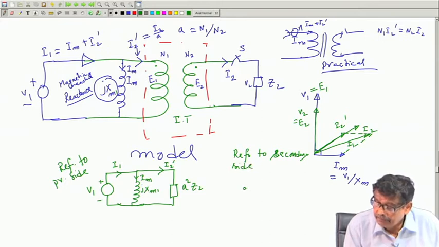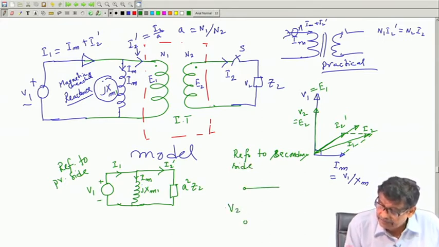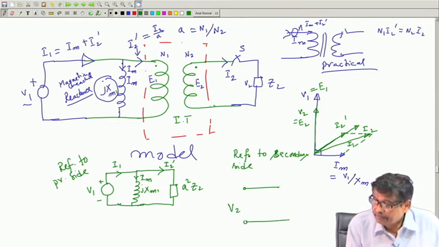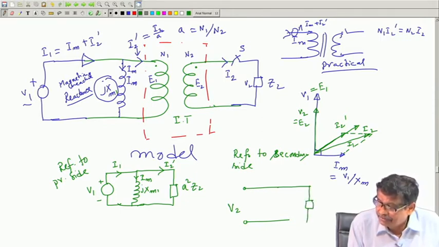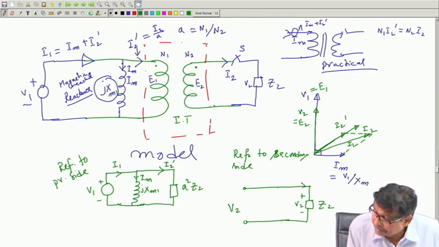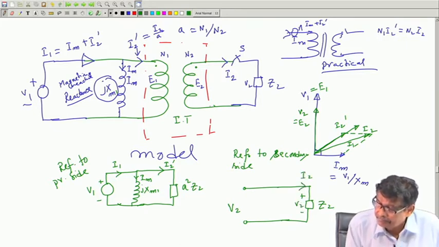It will be, secondary voltage remains secondary voltage. This will be Z2, secondary things I should not disturb, they are already there, Z2. This voltage is V2, this current is I2, I will show it.